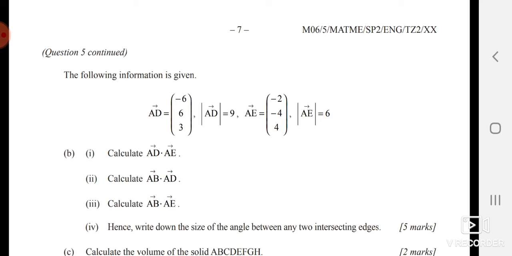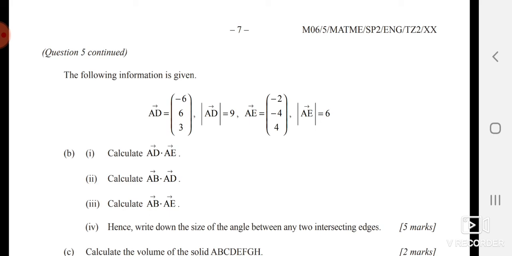You can calculate AD times A this way, as I'm using the formula A dot B is equal to A's magnitude times B's magnitude times cos theta. Just take the dot product: x times x, y times y, and z times z of these two vectors, you can easily calculate it.